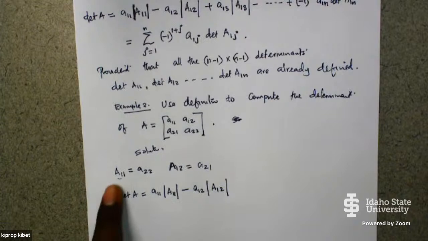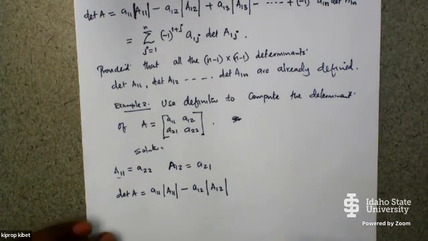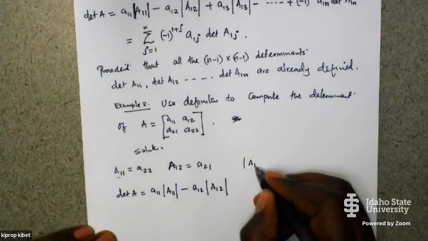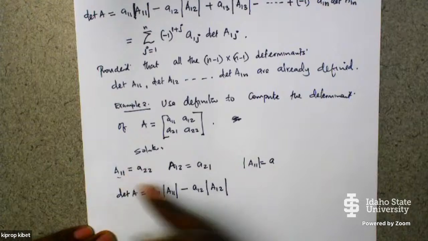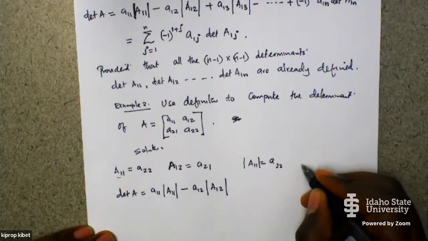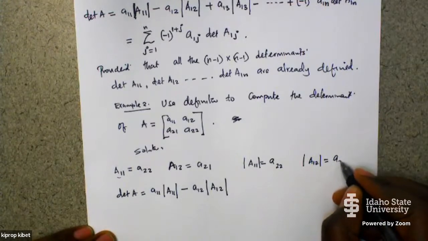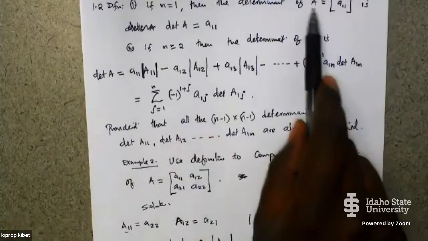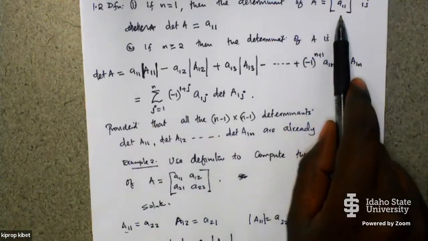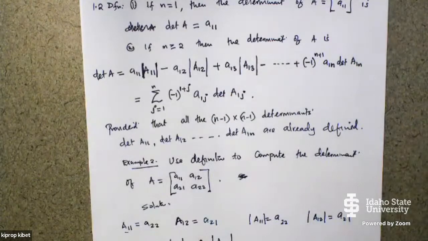So what is the determinant of A11? The determinant of A11 is a22. The determinant of A12 is a21, from the first definition here. If we have a 1 by 1 matrix a11, then the determinant of that matrix is a11.